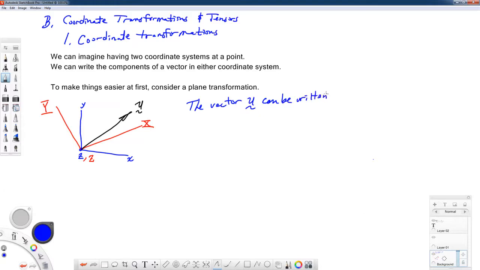Now we know that that vector exists without regard to any coordinate system. It has a certain magnitude and direction in an overall global sense. But we can write that vector with components in either coordinate system.